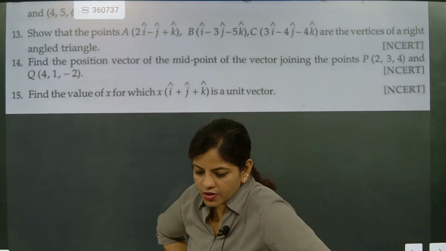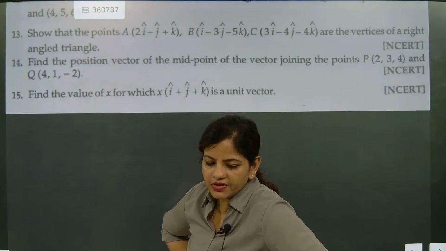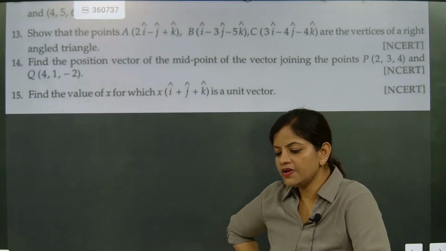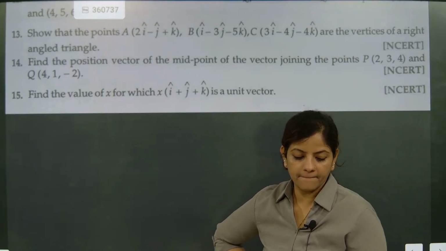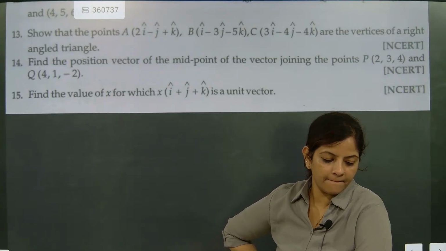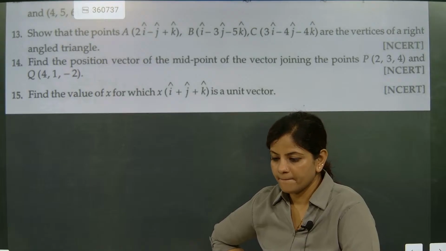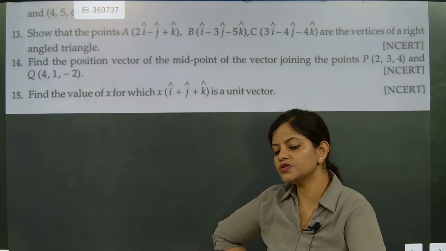Very good, Kishore. The answer is coming as minus i plus 1 by 3 k. Okay, I didn't solve it. Anyone else got this answer? Okay, right now which question are you solving, Kishore?